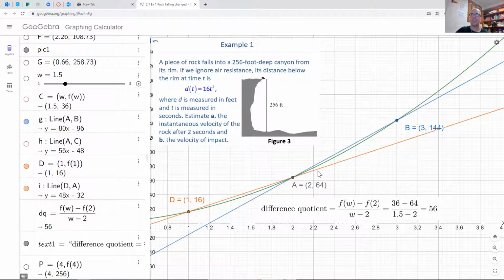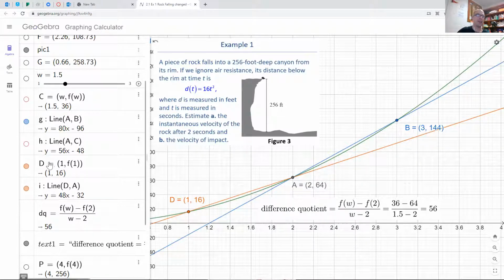Both of these would be decent estimates. I think the orange line here has a slope of 48. The blue line has a slope of 80. But what we're hoping is to have a better estimate than either one of these two.